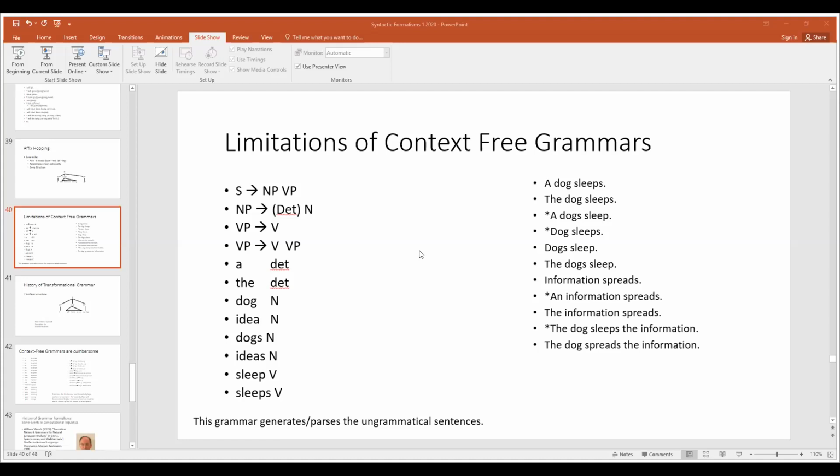I don't think we can see the more complex grammar. We just see the one with the... So the slide that I'm on now says context-free grammars are cumbersome. Ours says limitations of context-free grammars. So why, when I advance the slides, would it not?